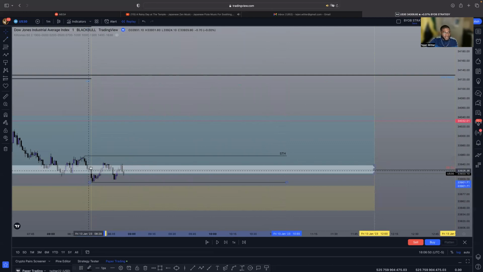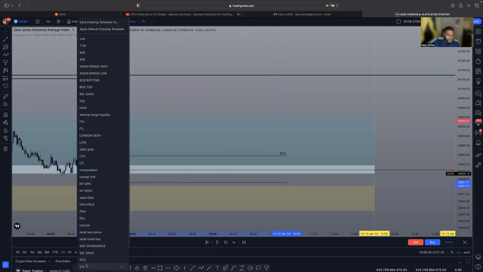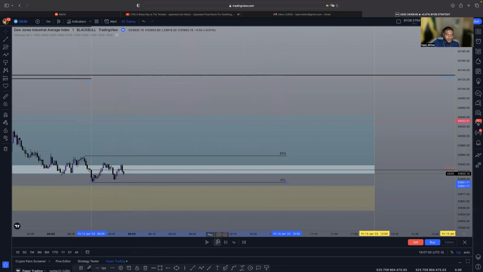So price is consolidating between this little range, right? Now, like I said, we have a consolidation.